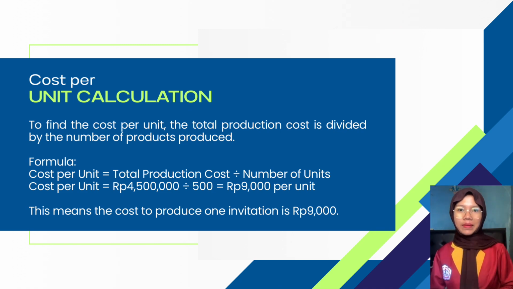In the example, the total production cost is 4,500,000 rupiah, and the number of invitation products is 500 units. So, the result is 9,000 rupiah per unit. This means the cost needed to produce one invitation card is 9,000 rupiah.